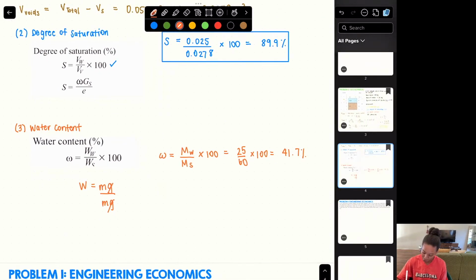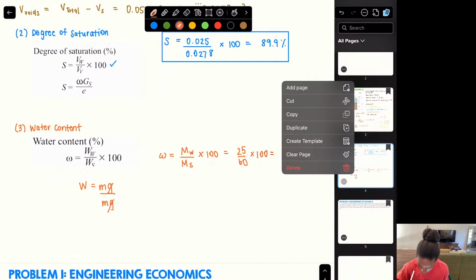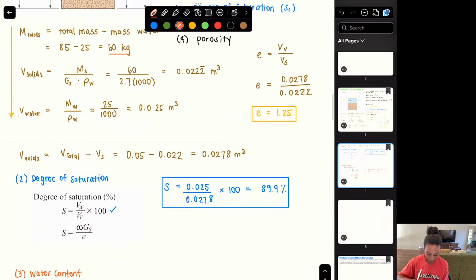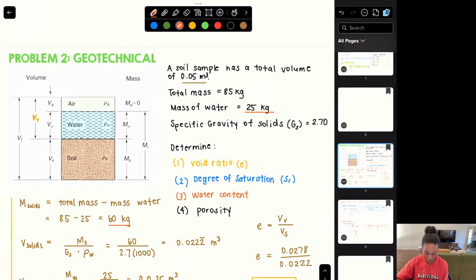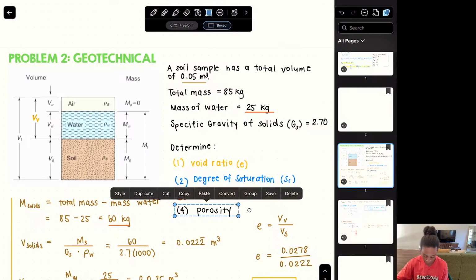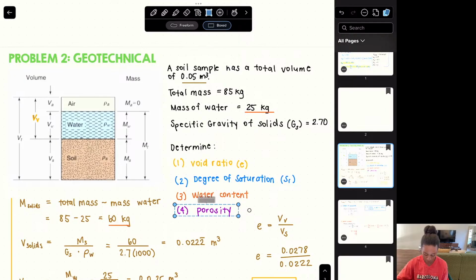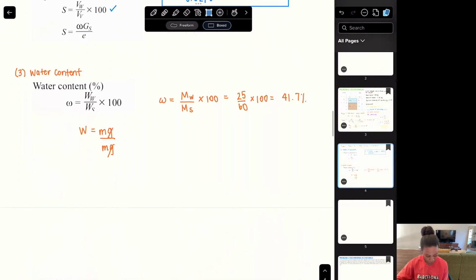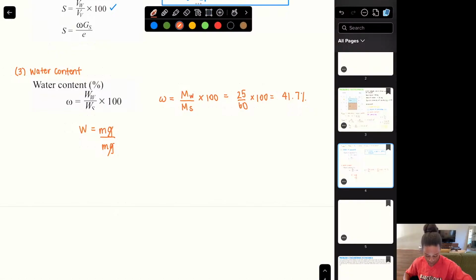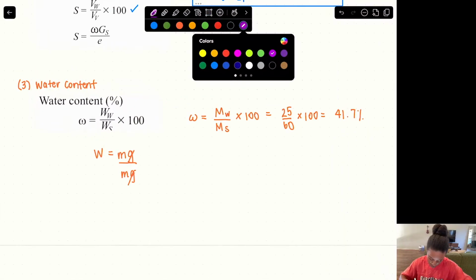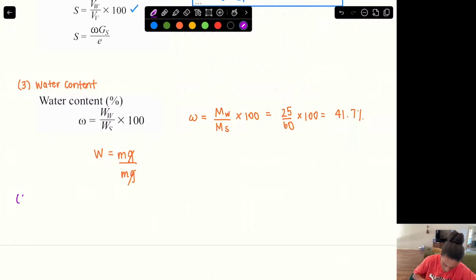All right, and let me just add one more page because we're not done with this problem quite yet. So lastly, the question is asking us about porosity. We'll do porosity in purple.